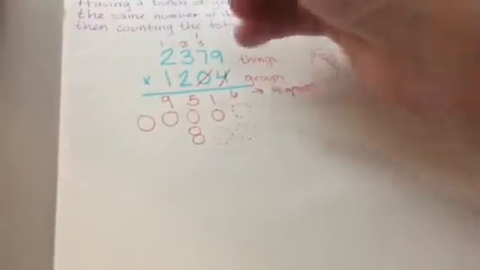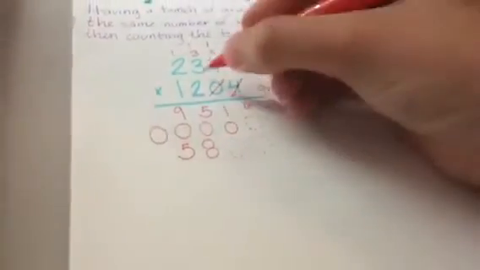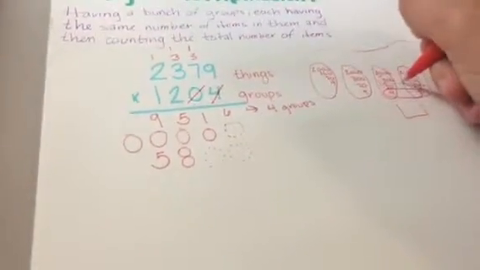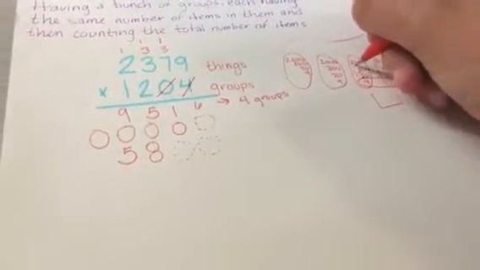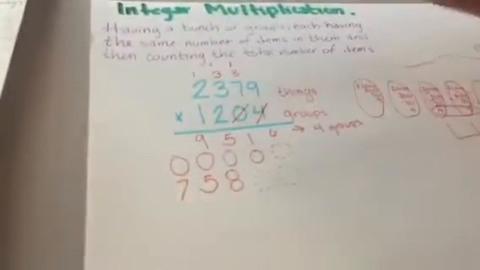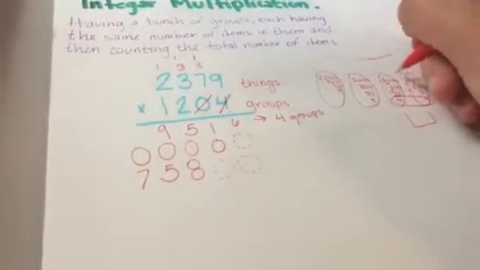So 2 times 7 is 14, plus 1 is 15. 2 times 3, we get 3 from here. 2 times 3 is 6, plus 1 is 7. Then we go back to our two groups, and we multiply it by the thousands. So 2 times 2 is 4.